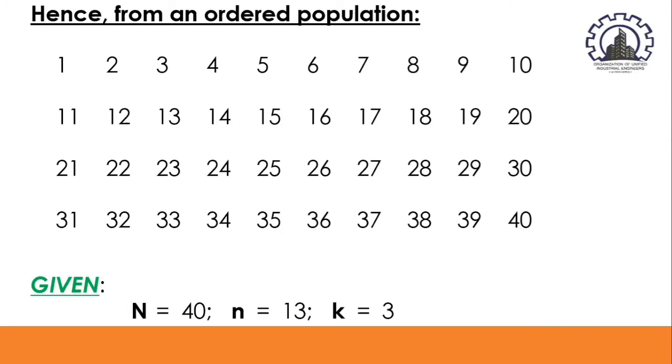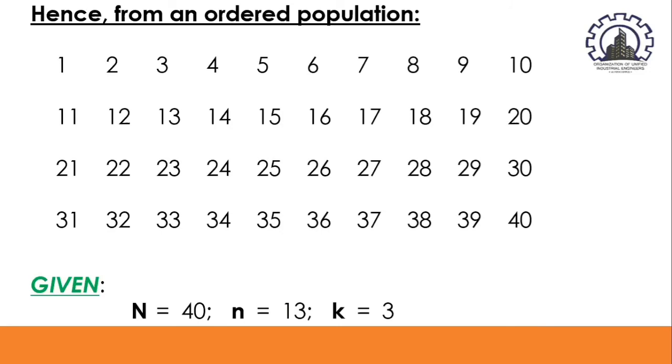Based on our calculation, our k or sampling interval is 3. So what's the first thing that we need to do in doing the selection? Here, let's assume that we select student number 8 first.